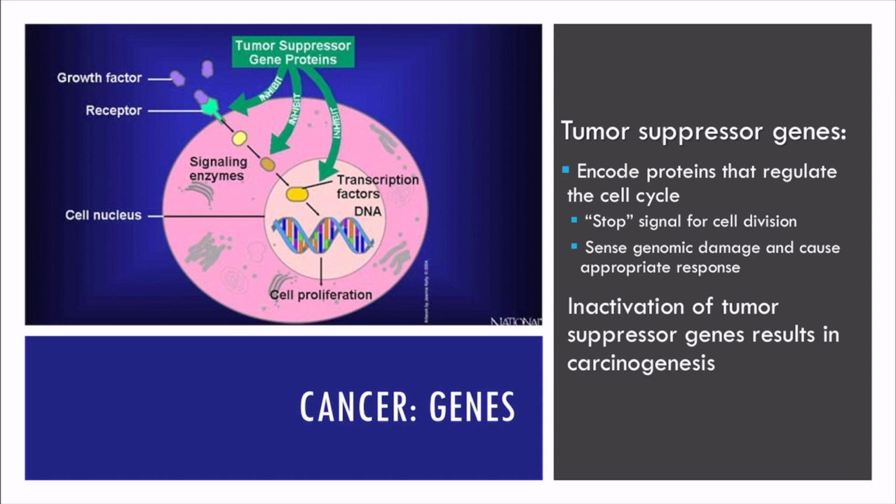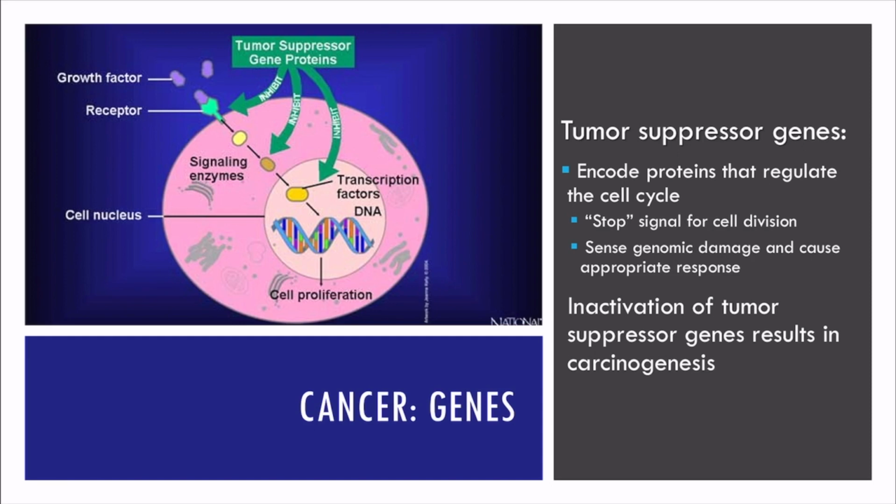So if a mutation occurs to a tumor suppressor gene, and that mutation ends up inactivating the tumor suppressor gene, the mutation turns the stop gene off.